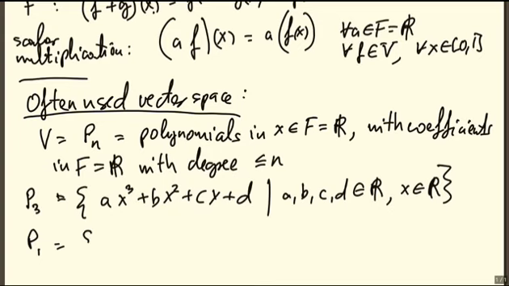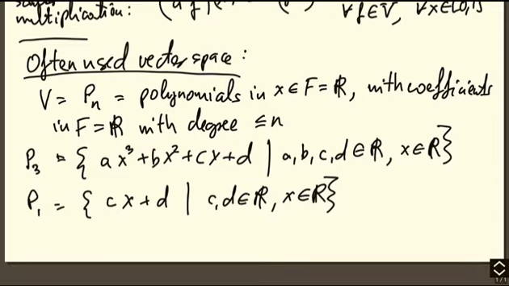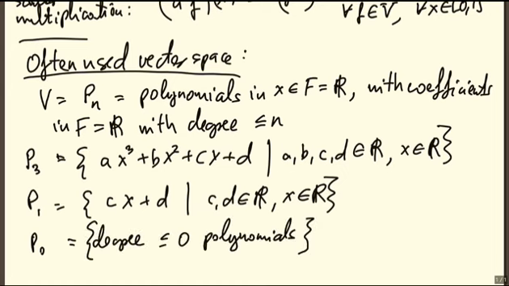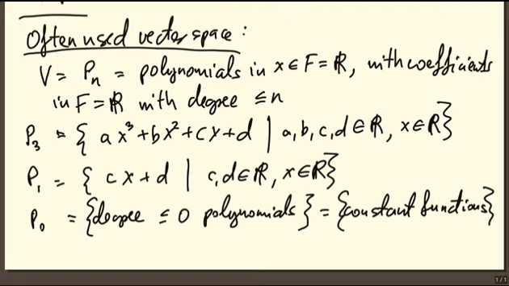So degree 1 is cx plus d, c, d are from real numbers. x is a real variable. And then this still has x to the 1, the first power. Then if you want to go back to P0, degree 0 polynomial, this is really just a constant function. So if you think about what the 0 polynomial has, we're supposed to have an identity.